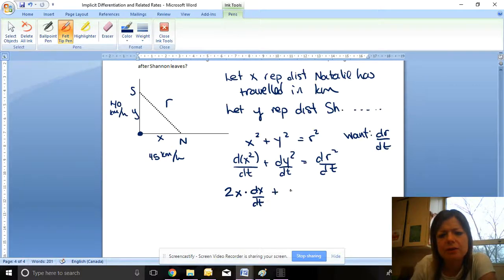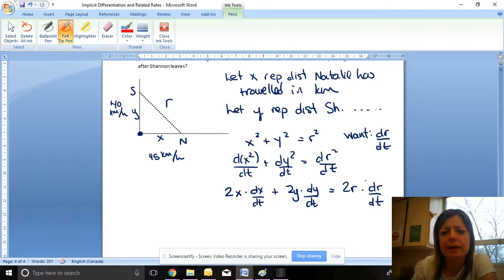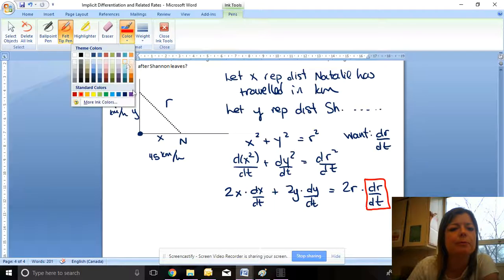This gives us 2y times dy/dt, and this gives us 2r times dr/dt. Notice that this is what we want right here. If we can fill everything else in with numbers, then we can solve for our unknown.